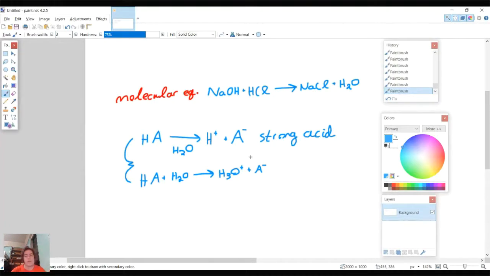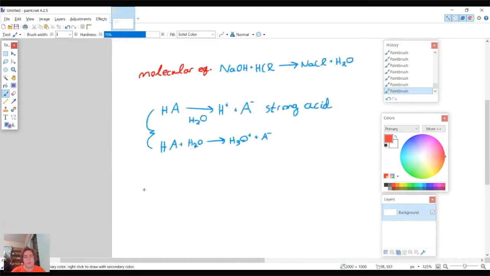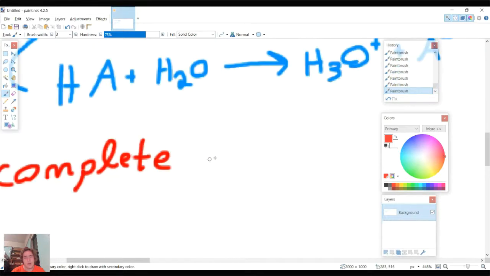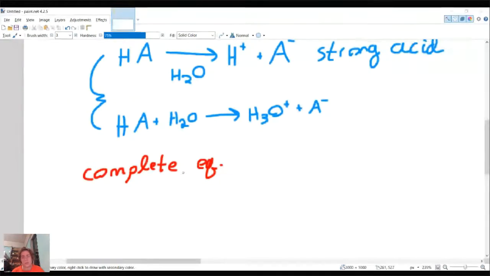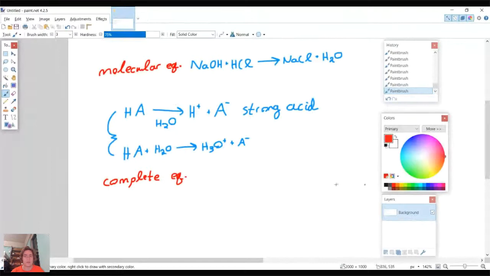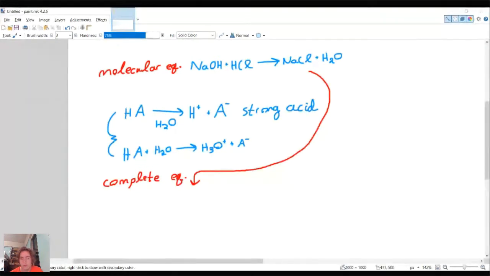So we're going to look now at a net ionic equation and how we motivate it. Or rather, we'll look at a complete equation. I never use this vocabulary when talking about my AP class, but a complete equation is essentially you separate everything that can be separated to extract more information out of it. So when we're looking at this, is the sodium hydroxide soluble? What do you guys think?